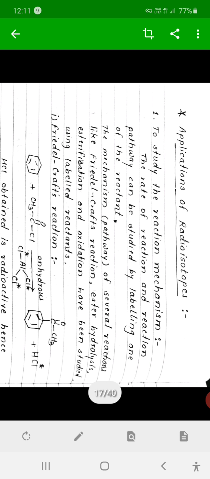That one is a special question for 5 marks: discuss the applications of radioisotopes.